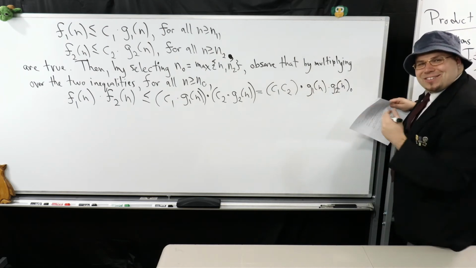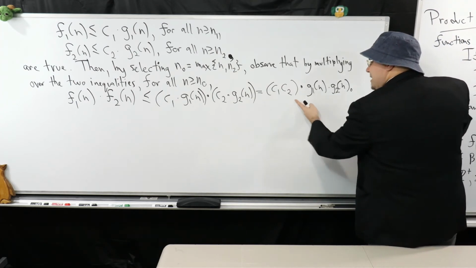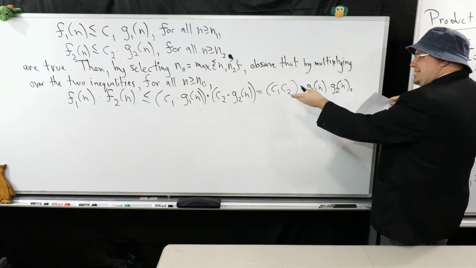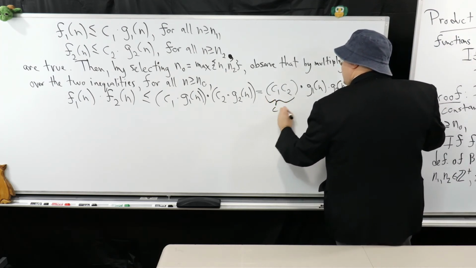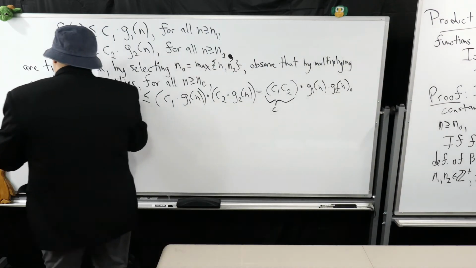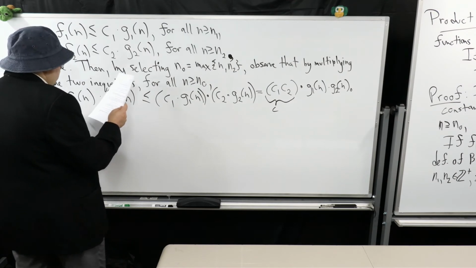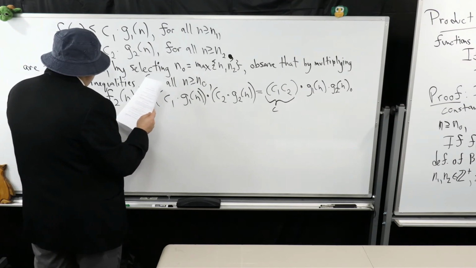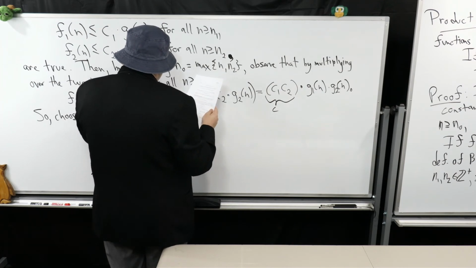It should be this, because you'll notice that this actually gets me to where I need to be. So I'm going to pick C to be the product of C1 and C2. Choose C equal to C1 times C2.